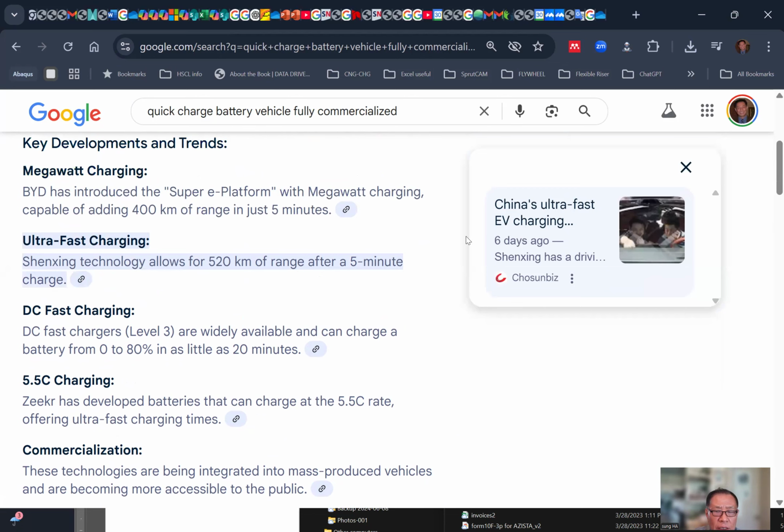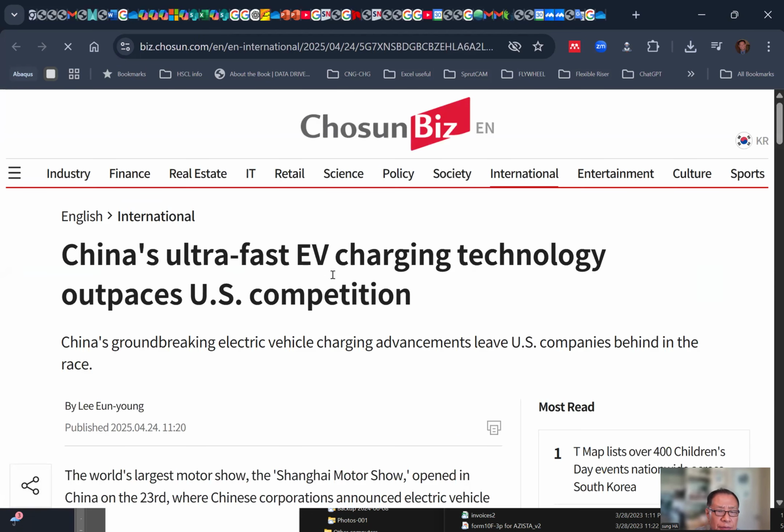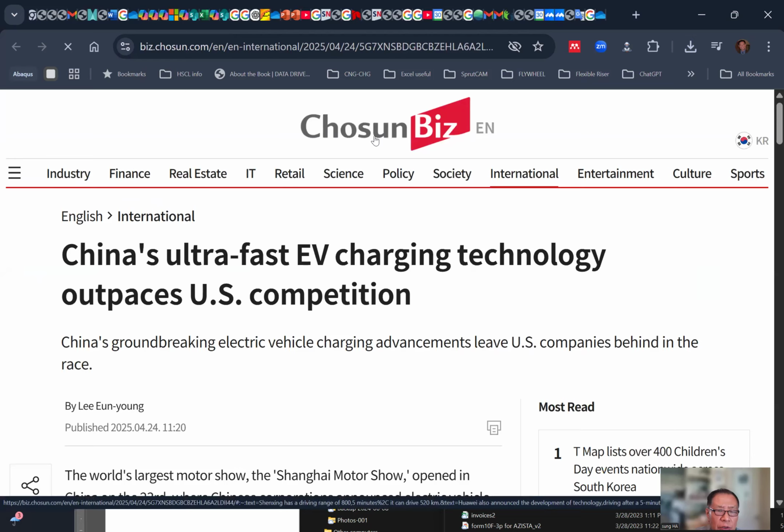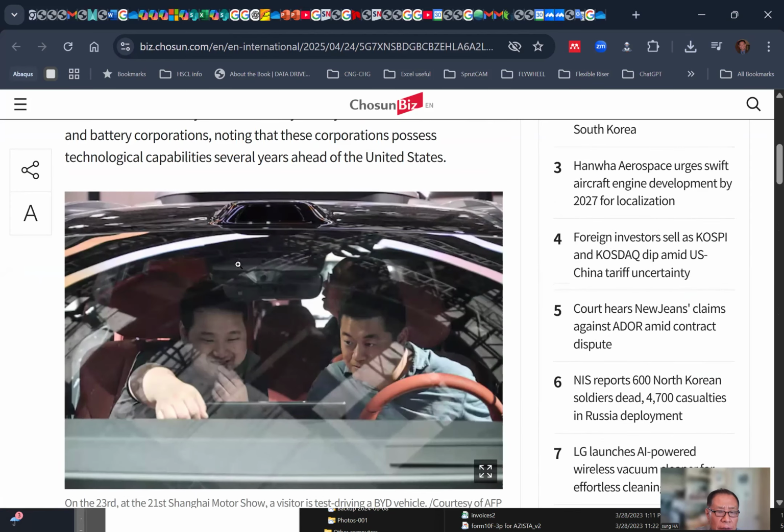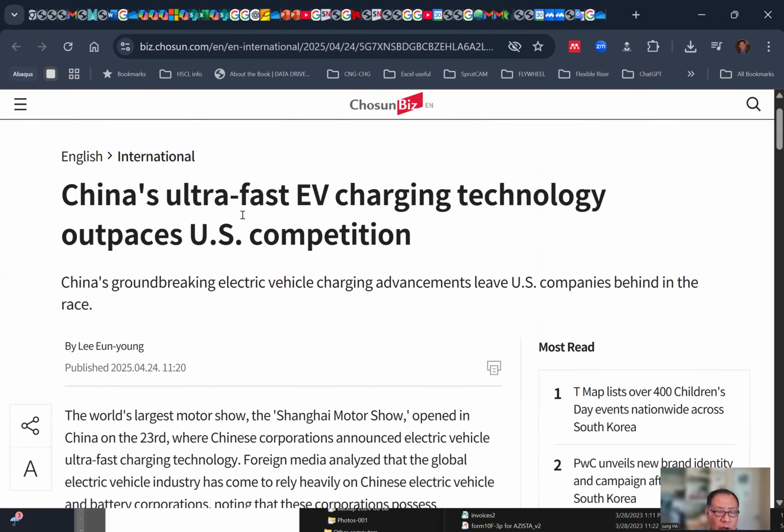Let's take a look at our current news. China's ultra-fast electric vehicle charging technology outpaces U.S. competition. While there is a lot of competition between China and the United States, in terms of fast charging electric vehicles, China outpaces the United States.